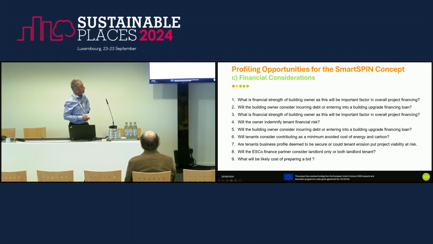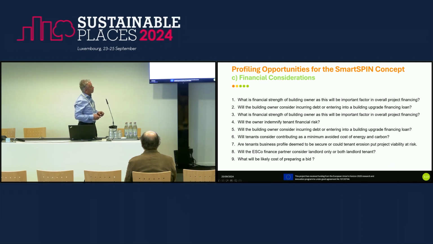So, financial considerations, like what's the strength of the building owner, as this will be a factor in overall project financing. If I'm financing energy upgrades, I need to know that the person who owns the building has the financial stability. And I do think that is something that is going to require new financial instruments and insurances, because we'll exclude a lot of the market if we're very conservative around that.